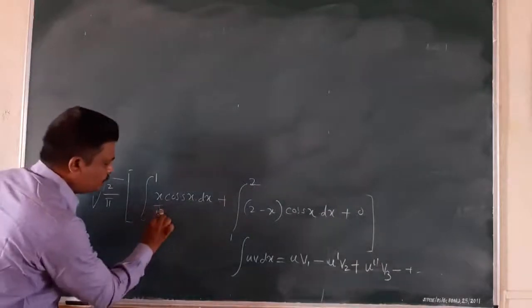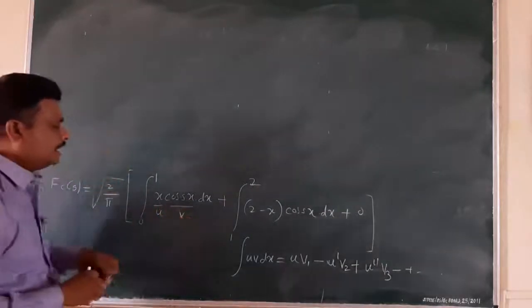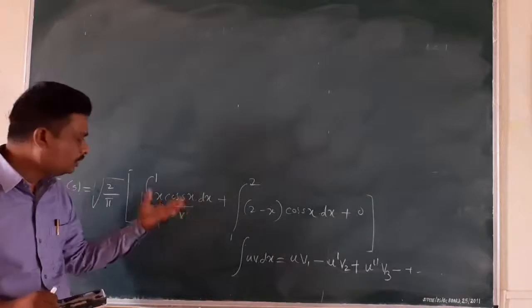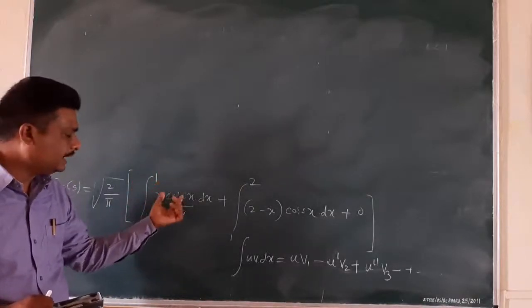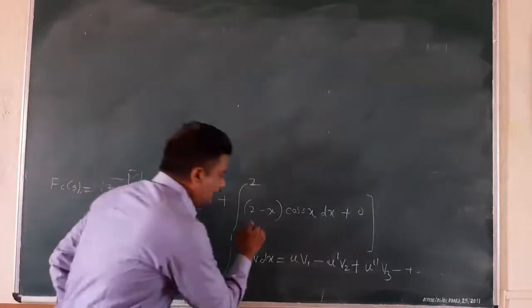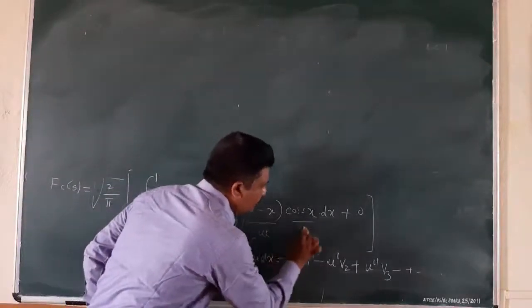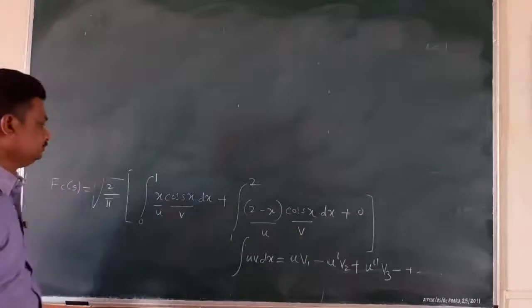Here this is u and this is v. Here I have applied the LIATE rule, L I A T E. A is algebraic and T is trigonometric. So I will take this one as u, and this is v.